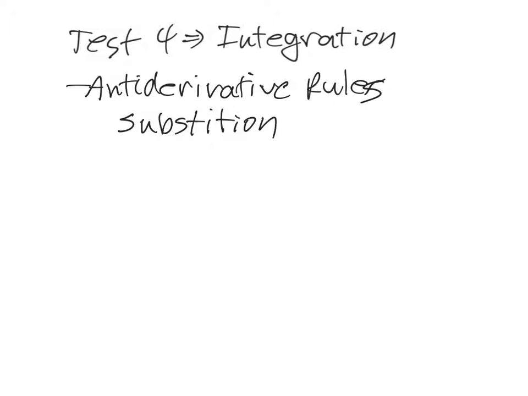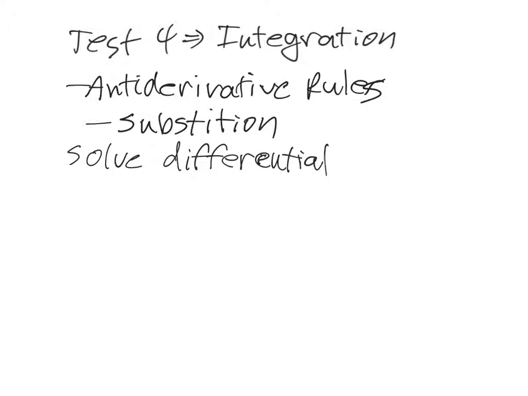Now we looked at finding antiderivatives and a lot of substitution, but also in here, solve the differential equation. We saw that a little bit in test 4. Differential equation. We saw that also in test 5.